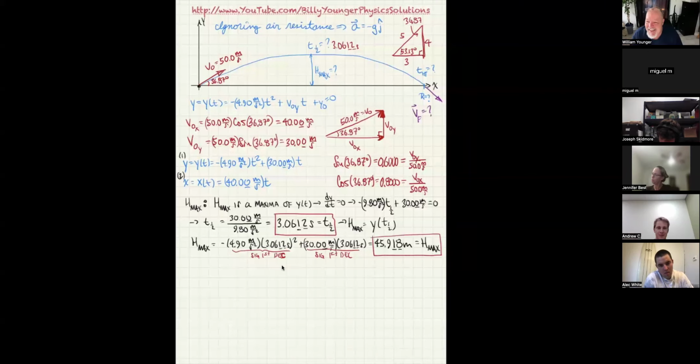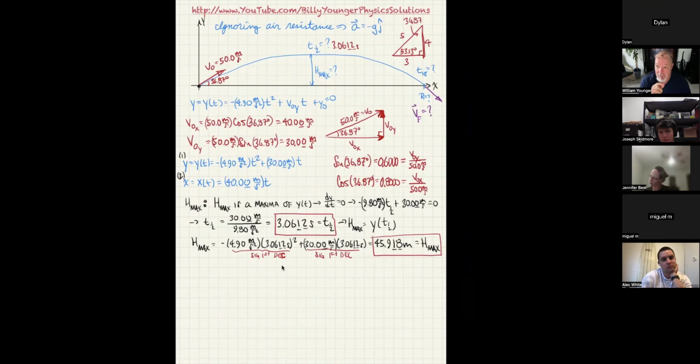Gotcha. Now, there is another way. That way required us to solve for time. You don't always have to solve for time, but listen to this. Another way we could solve for H max is we realize that the projectile is going to start slowing down immediately upon leaving the barrel of the gun.